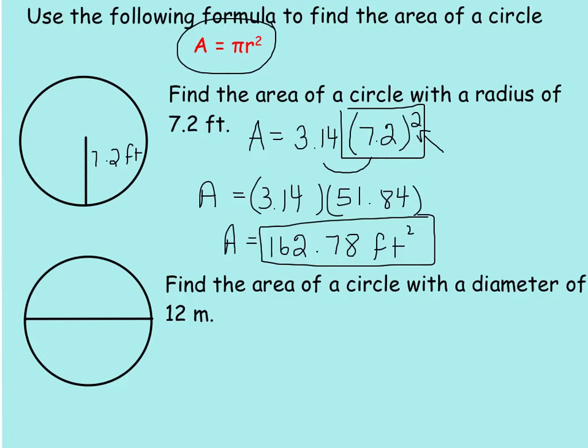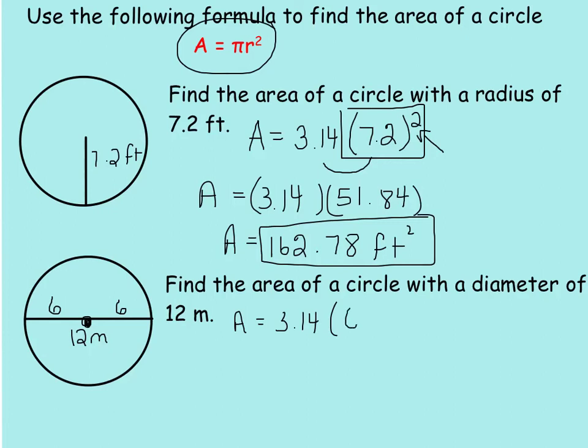The area of a circle with a diameter of 12. So area, remember, equals 3.14 times the radius to the second power. In this problem, they don't give us the radius, they give us the diameter. So looking at our circle, I can see that my radius is really 6 because the 6 and 6 are going to make the 12.